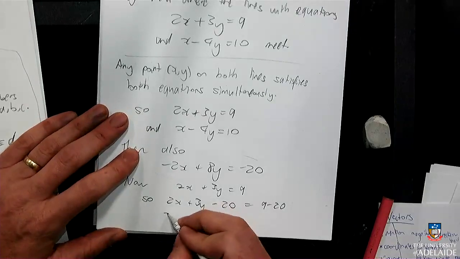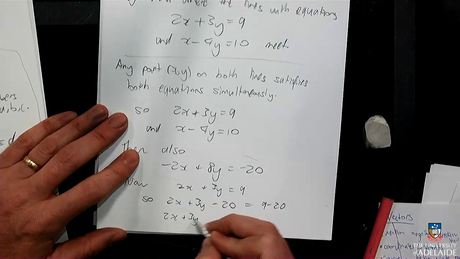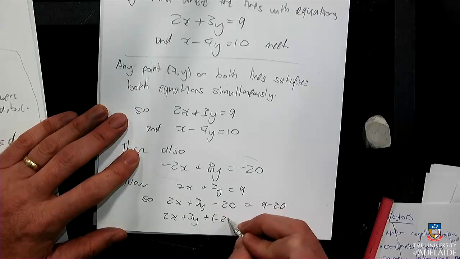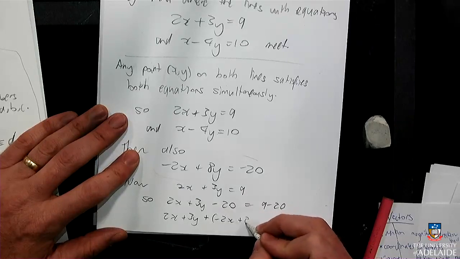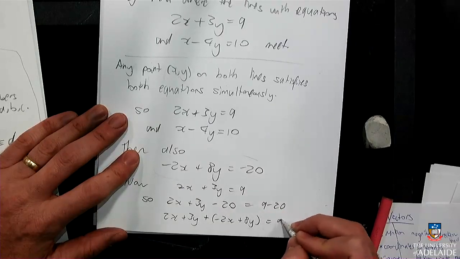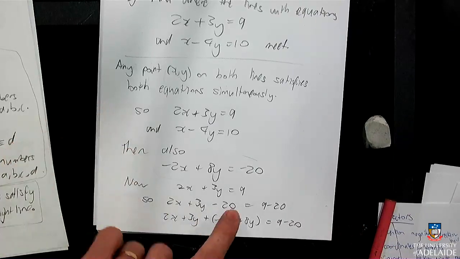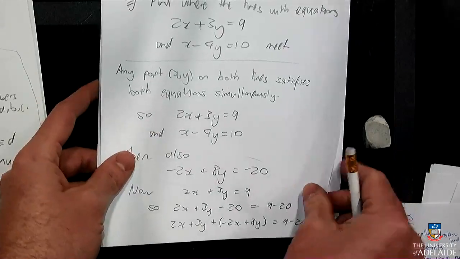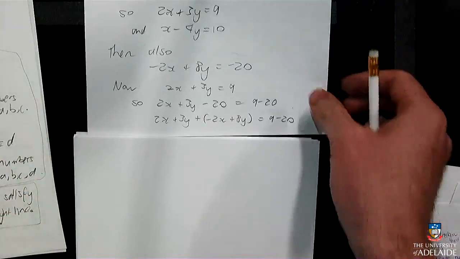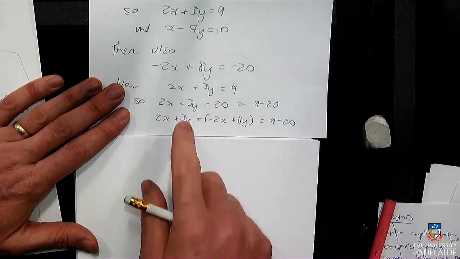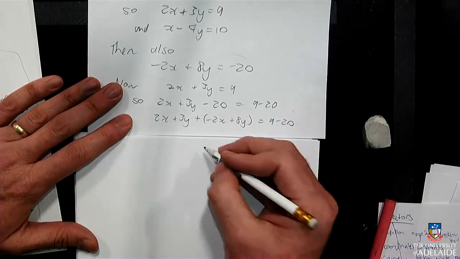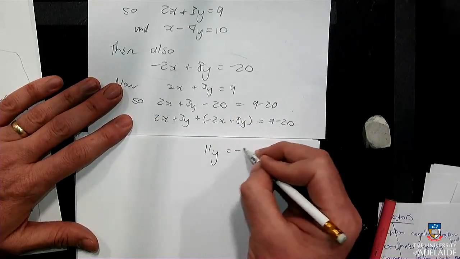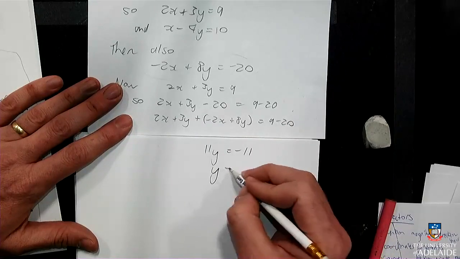So I can replace the minus 20 with that, because they're the same. And now 2x minus 2x is 0, 3y plus 8y is 11y. It's minus 11, and so the y must be minus 1.